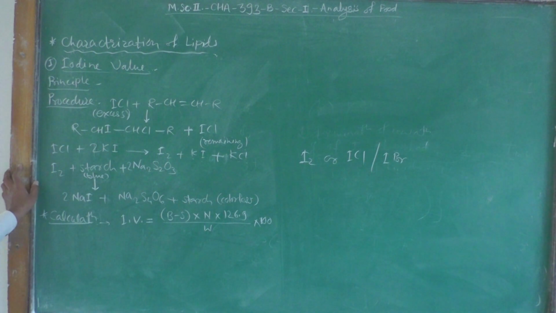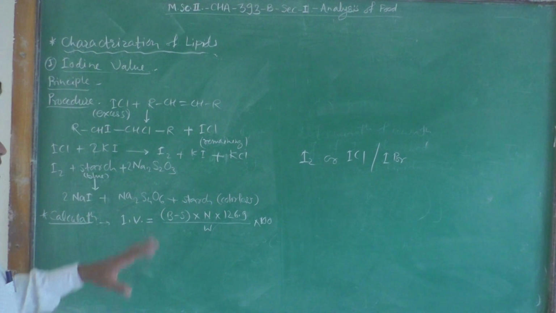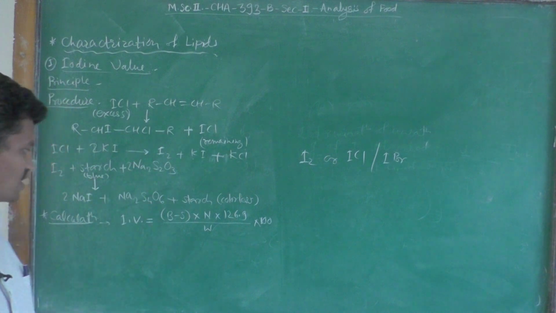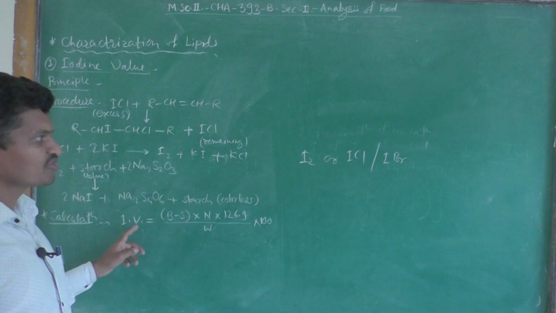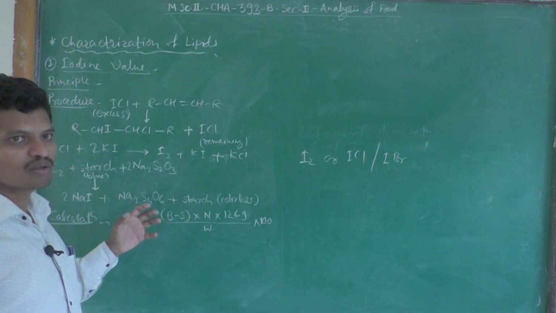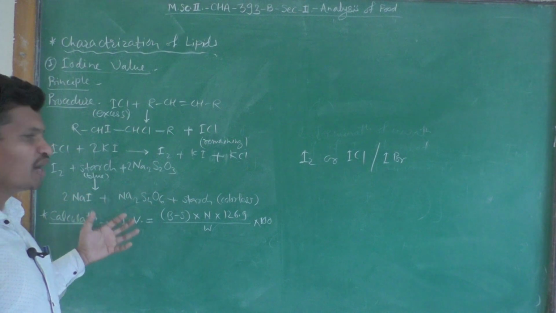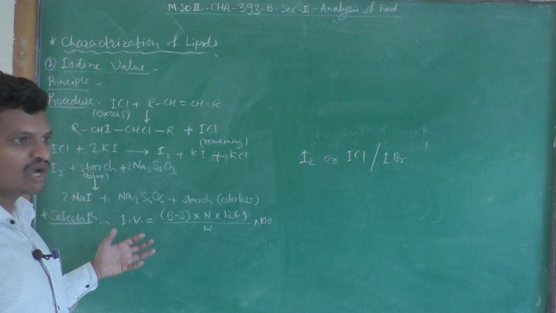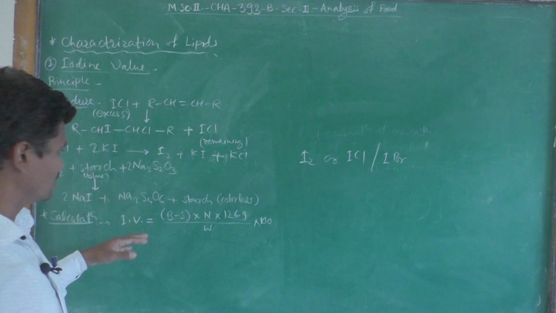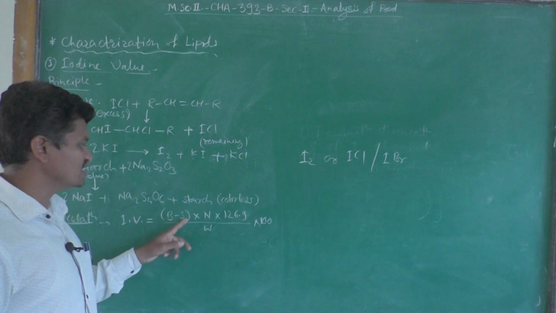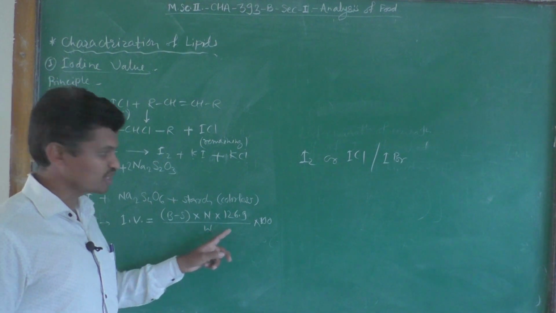Now, calculation. How to calculate the iodine value by using this procedure? Iodine value, which is the weight of iodine absorbed per 100 gram of lipid sample, is equal to (B minus S) into N into 126.9 divided by W into 100.